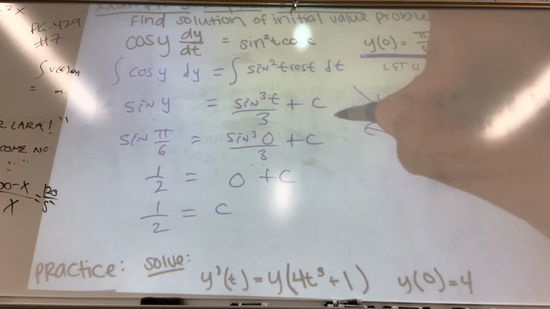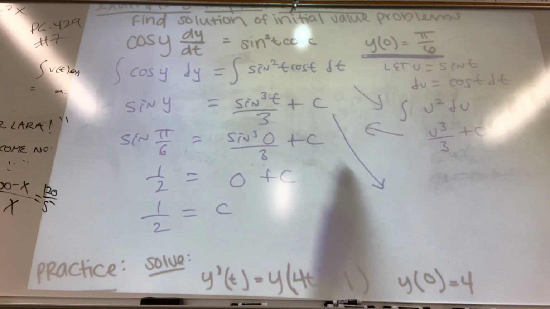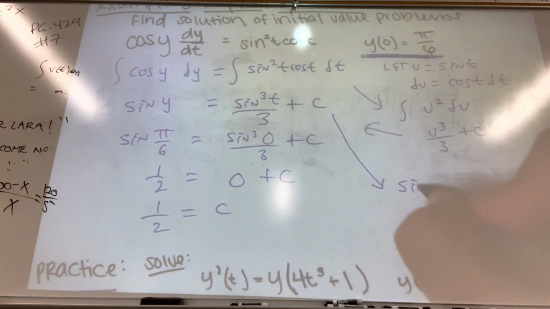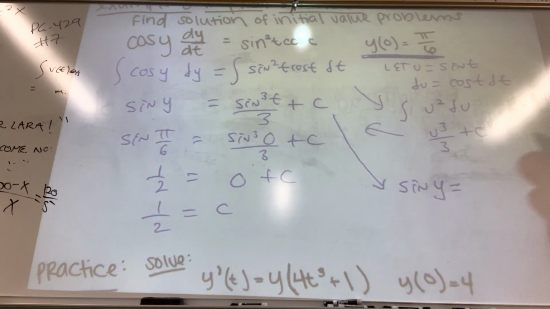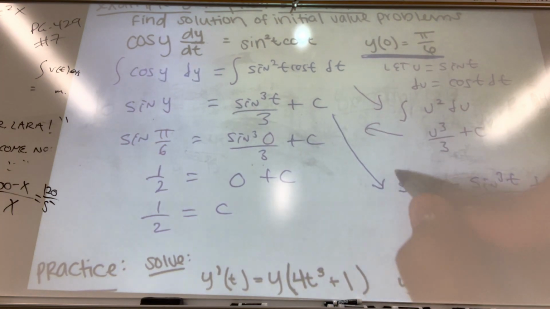So watch this. I'm going to put an arrow here right before I plugged in. I already know what the c is. And so I'm going to say, the function that works is this: sine y is equal to sine cubed of t over 3, and then plus c, which is 1/2. And this works.